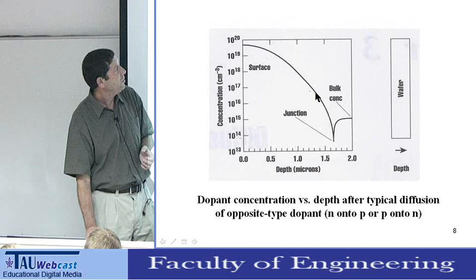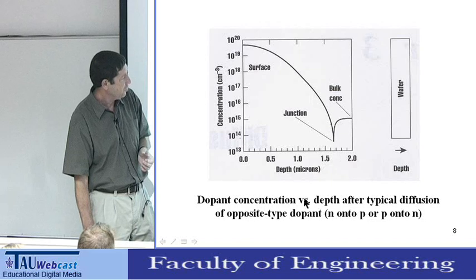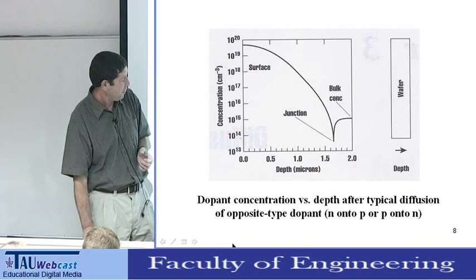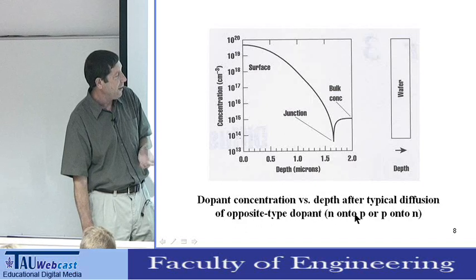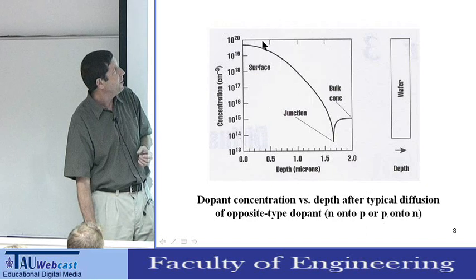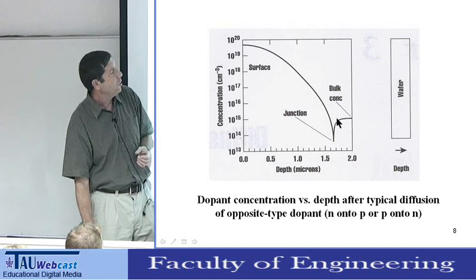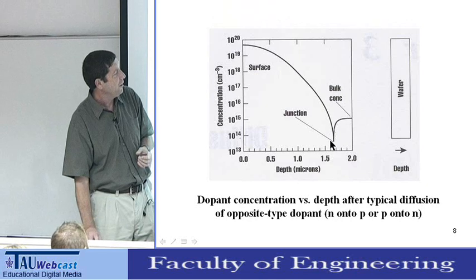When the concentration of the dopant here equals the concentration of the substrate, this is the junction. So this is dopant concentration versus depth after typical diffusion of opposite type dopant, for example, N into P or P into N. You get a region with heavier doping, a region with lower doping, and a junction. So this is a typical profile.